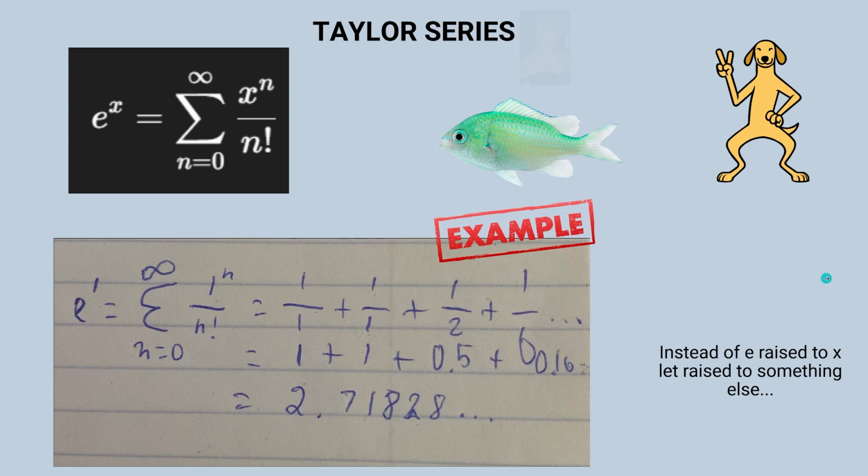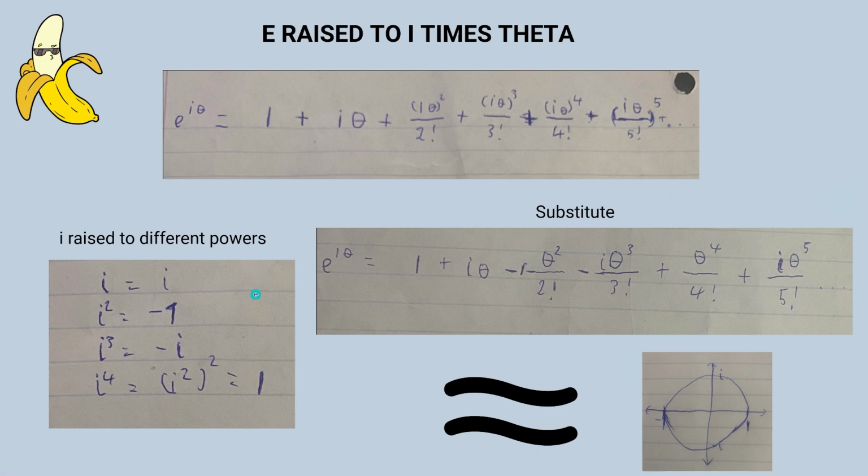This will lead us to a different expression. We begin with 1 plus i theta plus i theta to the power of 2 divided by 2 factorial plus i theta to the power of 3 divided by 3 factorial and so on.